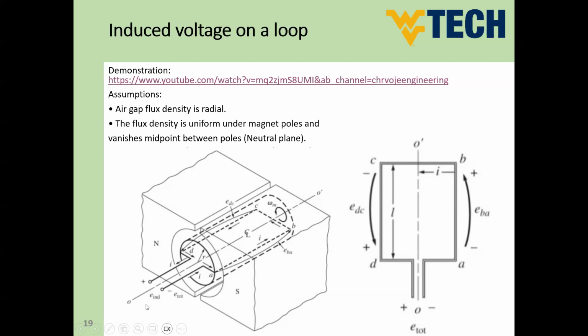So now, if we have the configuration of our winding like that. So here we have our winding starting from this point, for instance, going to A, B, C, D, and return back again.